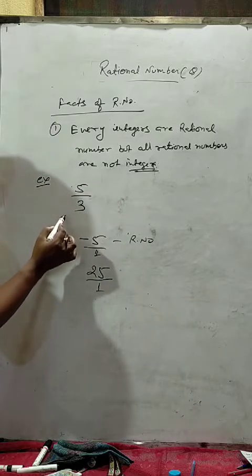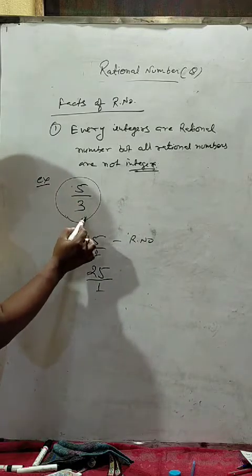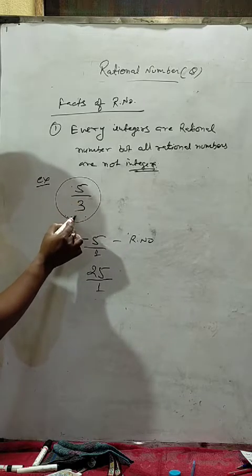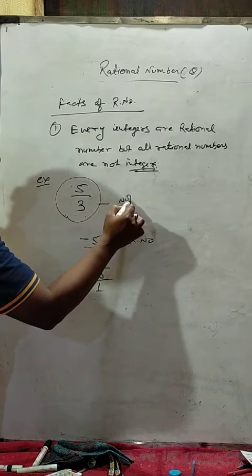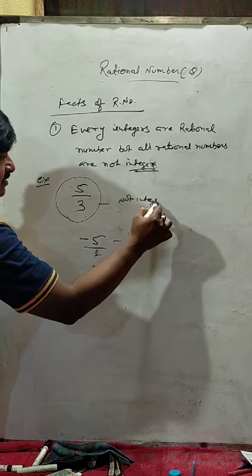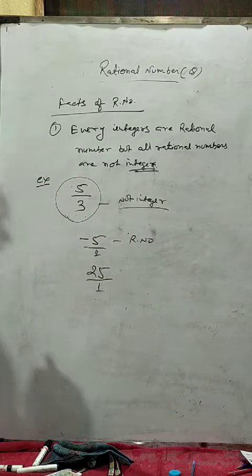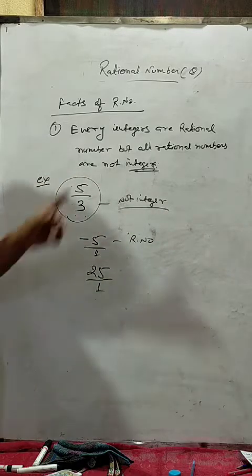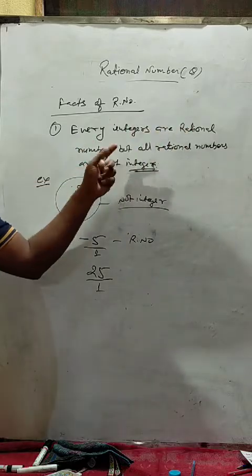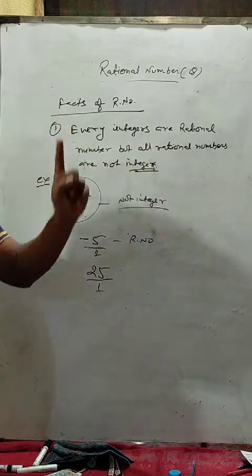But 5 by 3 is a rational number, but it is not an integer. So every integer is a rational number, but all rational numbers are not integers.